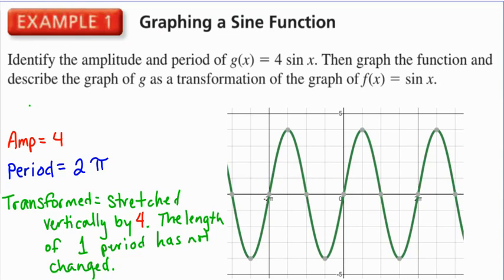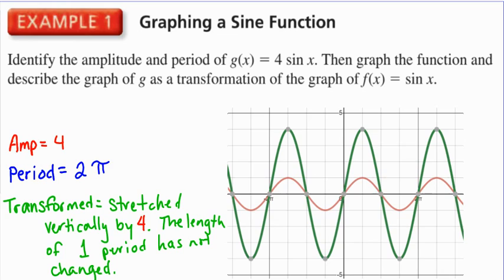Okay, if we want to compare that to our parent function, just sine of x, here this red one is sine of x, and you can see even more clearly now that this amplitude has been stretched taller and stretched lower. The amplitude has changed, okay? We have not changed from the beginning of one cycle to the end of one cycle.